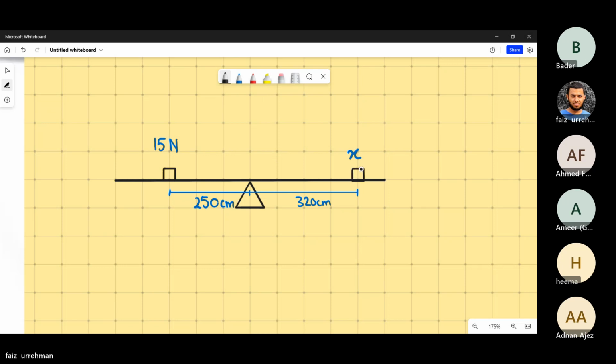Solve this and send it to me. I'm done. I can't send it.